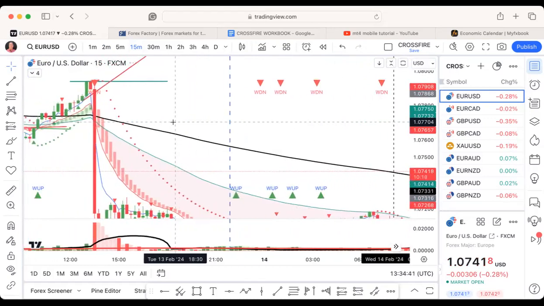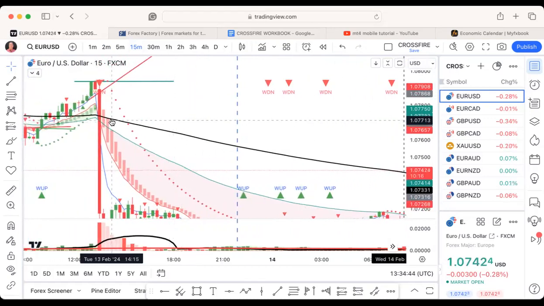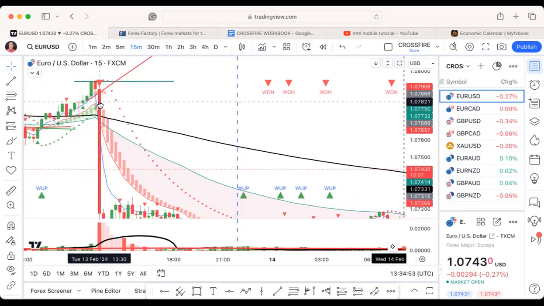So this was Tuesday, and Tuesday at 1:30, price absolutely tanked. It certainly happened in 15 minutes, and I believe it also happened in 2 minutes. I think it was basically all one candle, might have been two.